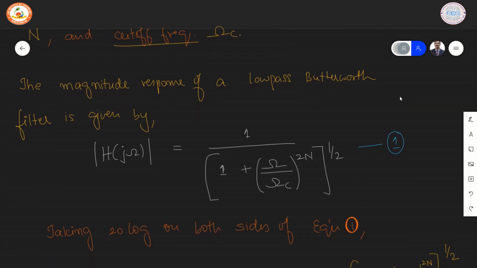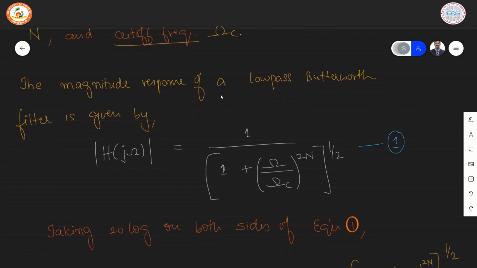To start with, we take the magnitude response of a low-pass Butterworth filter, which is given by magnitude of H(jω), which equals 1 by (1 plus (ω by ωc) to the power of 2n) whole raised to 1 by 2. This equation, let us number it as 1.